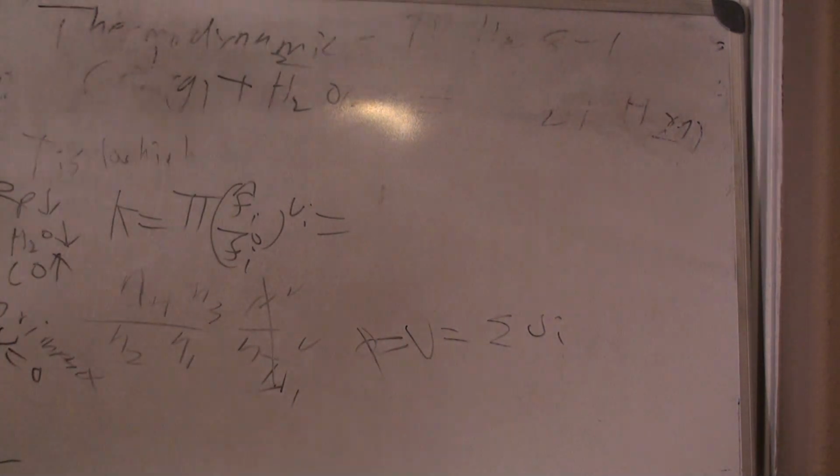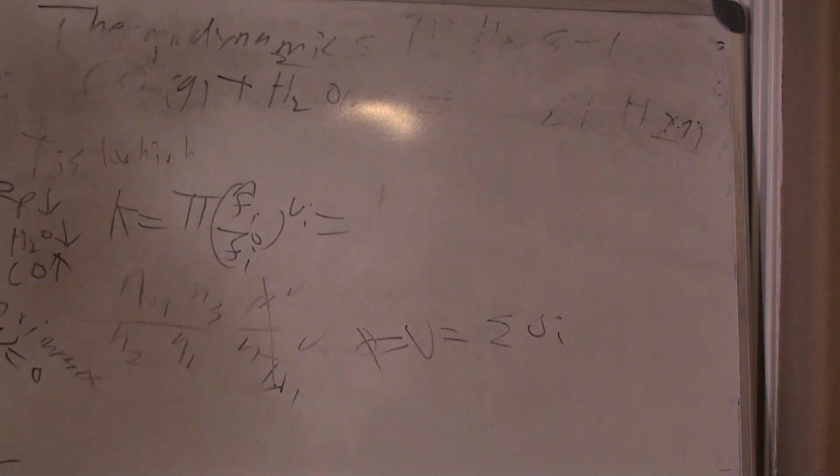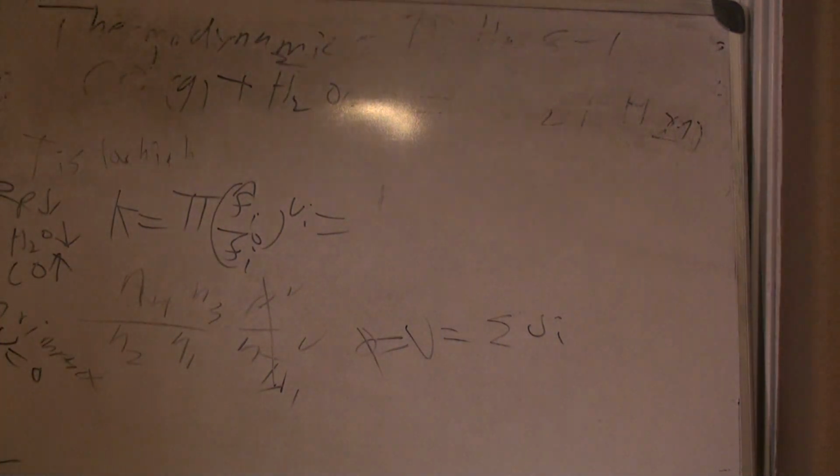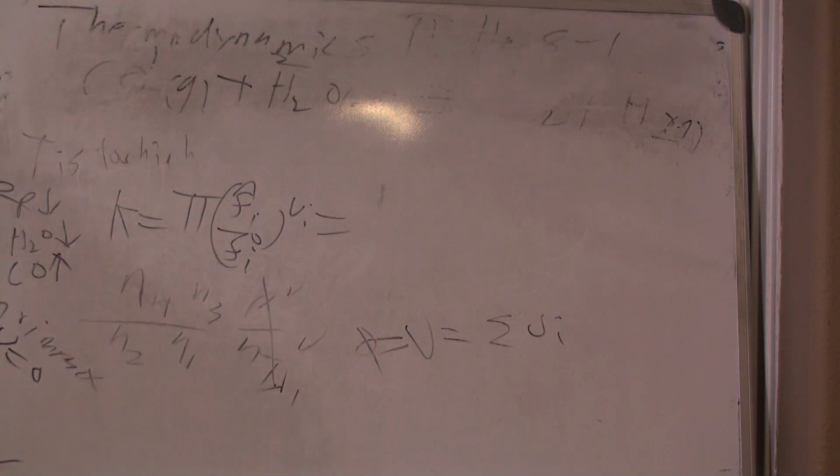I'm designing the reactor conditions. Do I place a dehydrator before it reaches the reactor or leave it be? Do I recycle the CO so that there's more CO in it? Again, the goal is to figure out a way to make it so that my temperature's not too high.